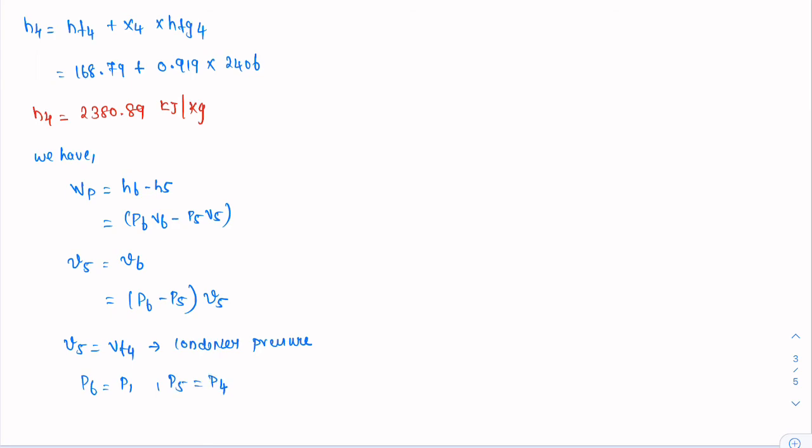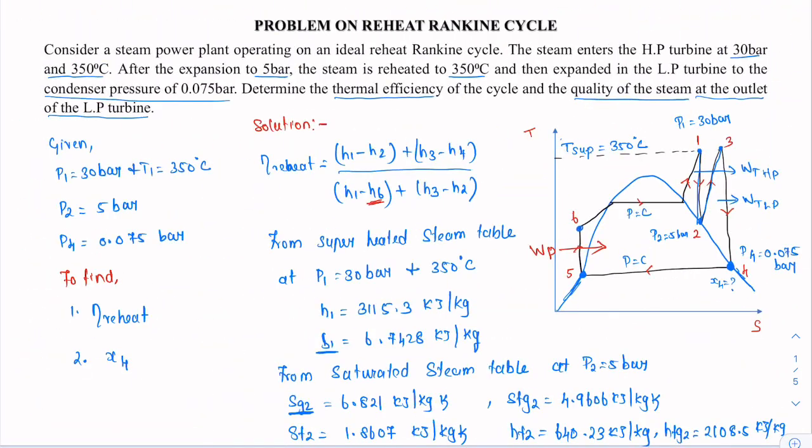These are the heat addition and heat rejection processes. From 6 to 1 is the heat addition process, that is heat supplied, and this heat is supplied at constant pressure. Therefore, P6 will be equal to P1, and 4 to 5 is the heat rejection process, which too occurs at constant pressure.